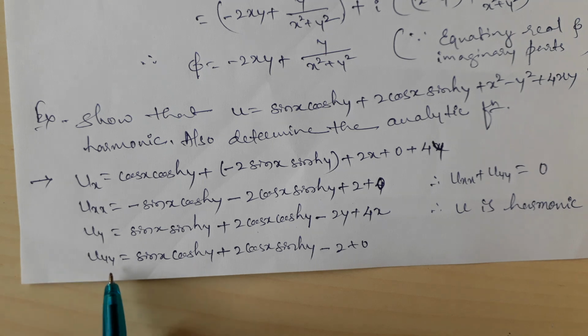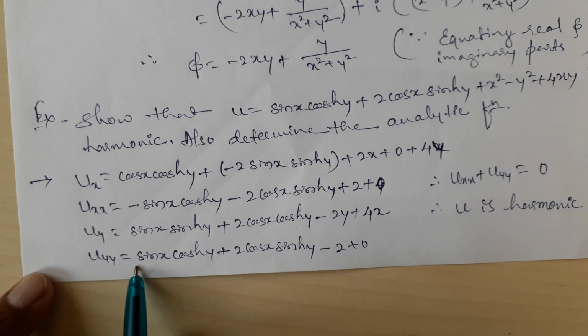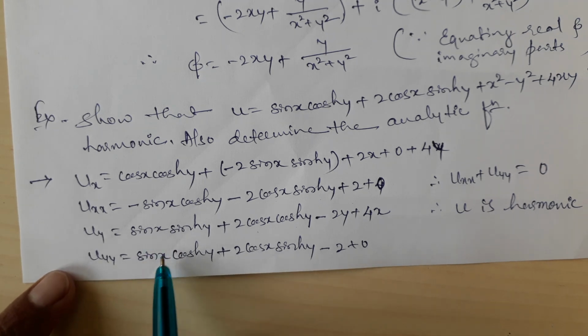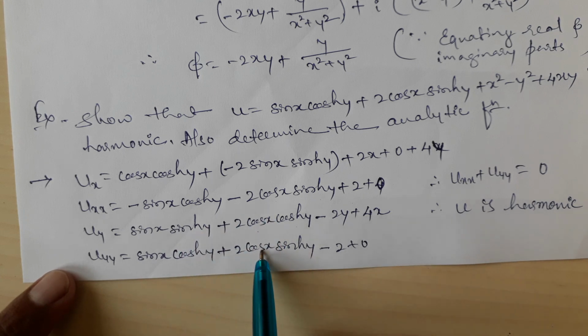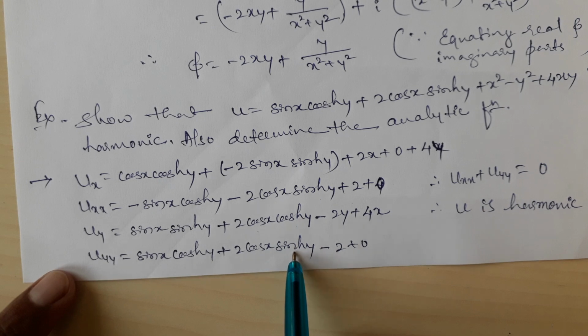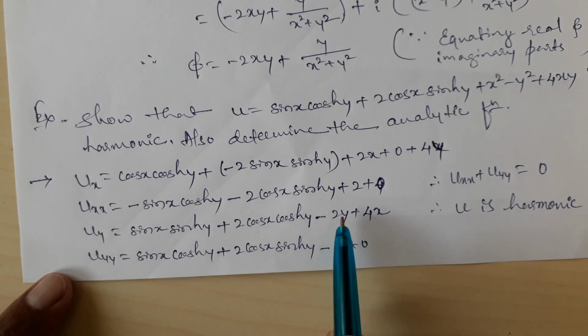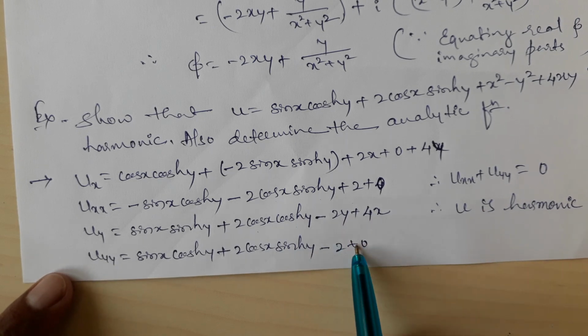Now double differentiation, that is uyy equal to sin x term as it is, sin hyperbolic y is cos hyperbolic y, plus 2 cos x as it is, cos hyperbolic y is sin hyperbolic y, minus y term only, that is 2y is 2, plus the x term is 0.